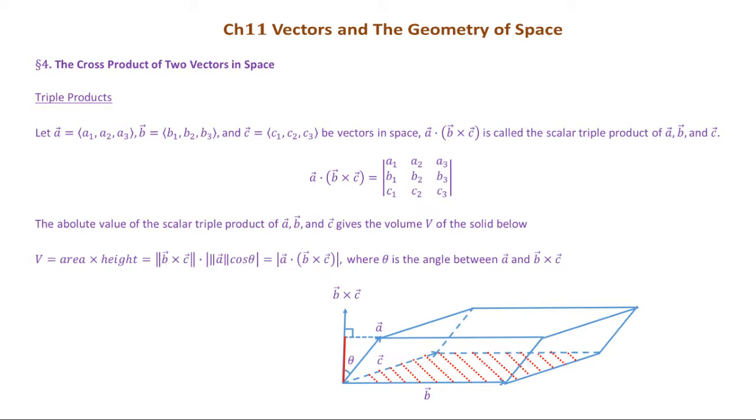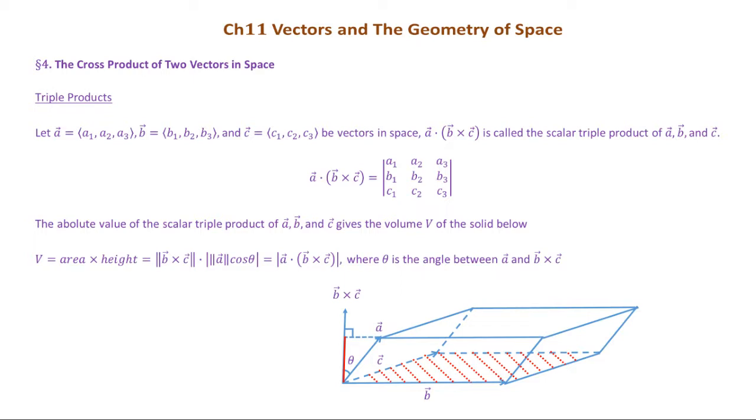And then the height of this box or skewed box is just the magnitude of A times cosine theta. Remember, cosine theta is defined as adjacent over hypotenuse, right? So the hypotenuse times cosine theta gives you the height if you take the absolute value.